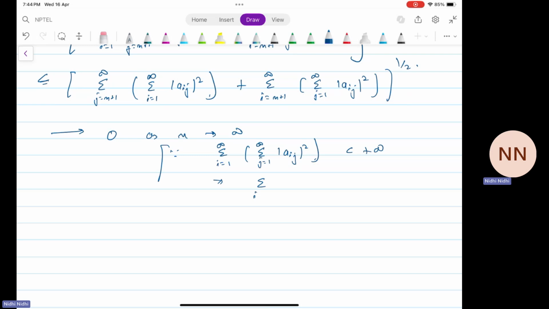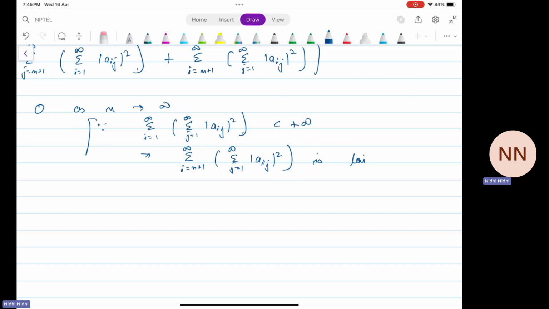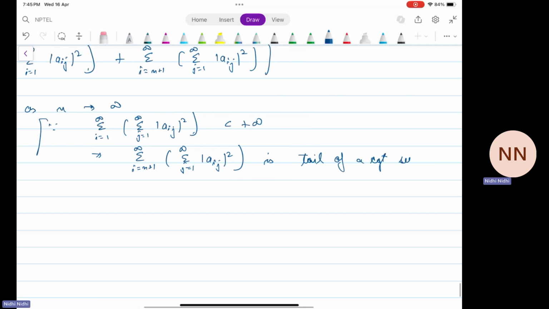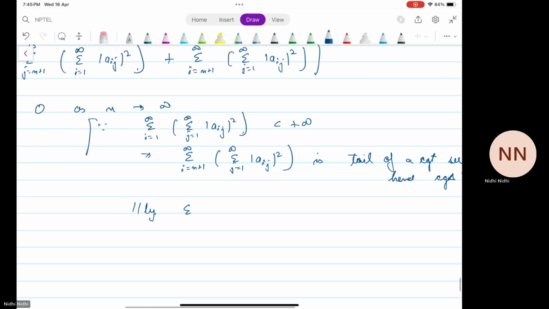This implies summation i from n plus 1 to infinity summation j from 1 to infinity mod a_ij square is the tail of a convergent series, hence converges to 0. Similarly, summation j from n plus 1 to infinity, summation i from 1 to infinity mod a_ij square. Again, this is the tail of a convergent series. This will converge to 0.